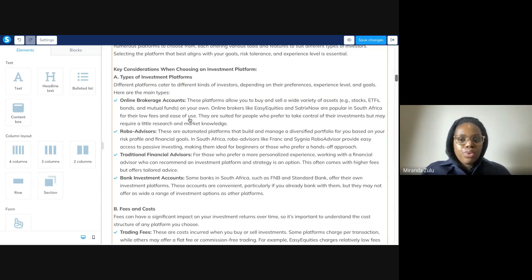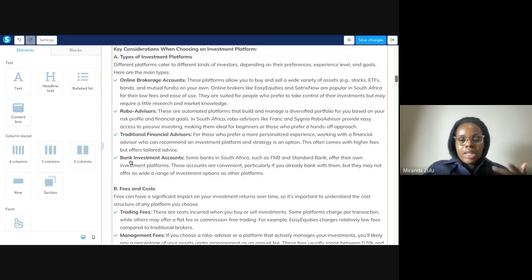Low fees, ease of use, and the wide range available to you. Also, another platform is Bricks Stock, which would also be an online brokerage account. My least favorites would be these two at the bottom because of the fees attached to them, and just how they can eat into the returns that you get.